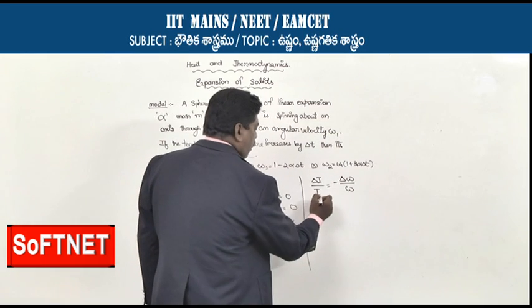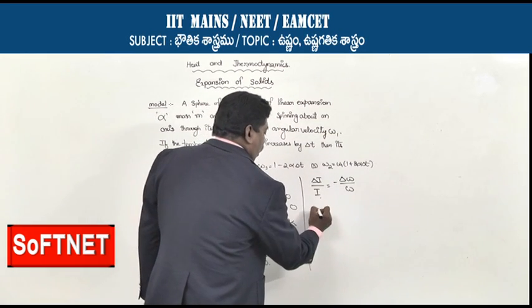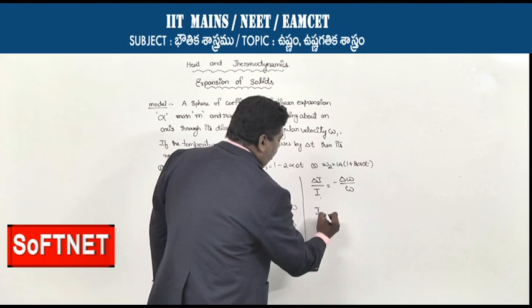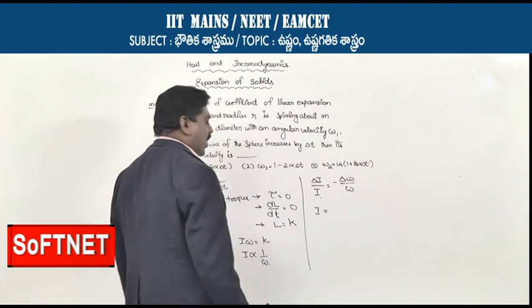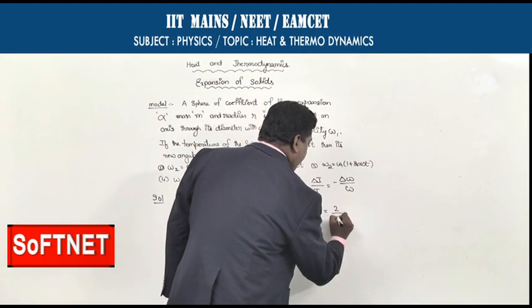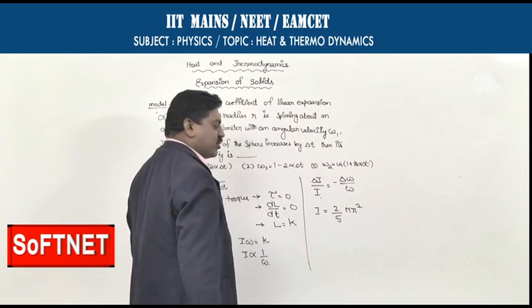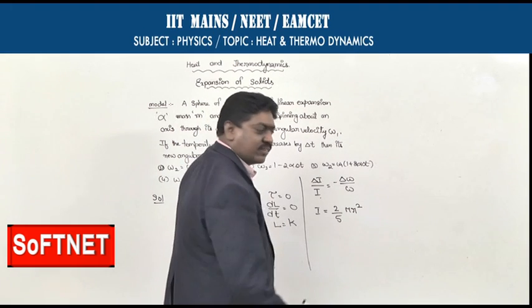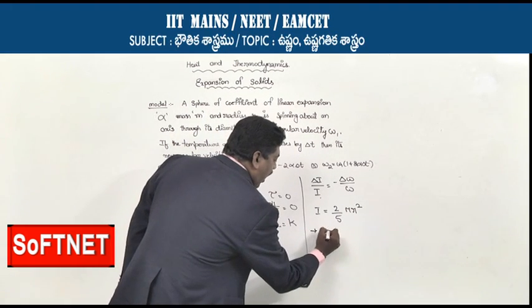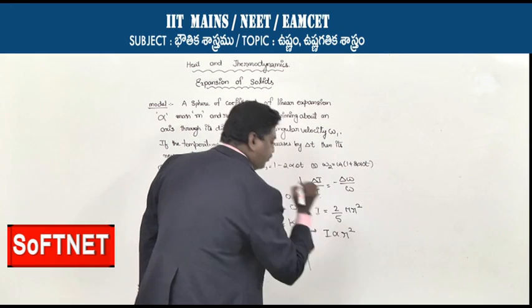Okay, fine. Now, for a given sphere, moment of inertia about a diameter is given as 2 by 5 m r square. As 2 by 5 is a constant, m is also a constant, we are having I proportional to r square.